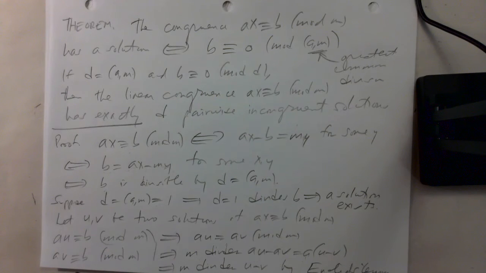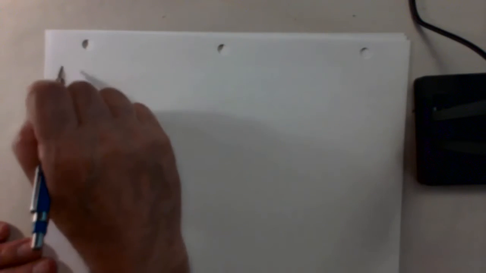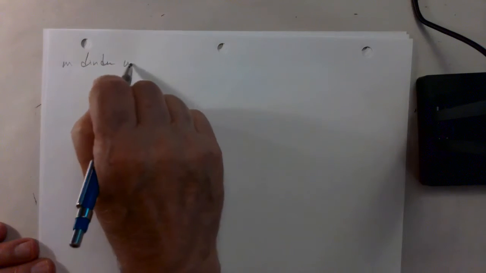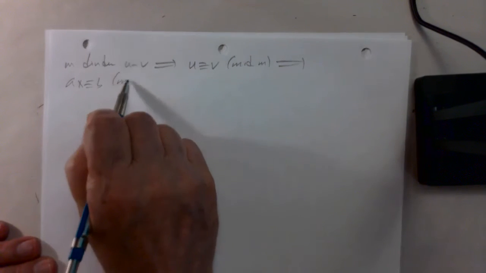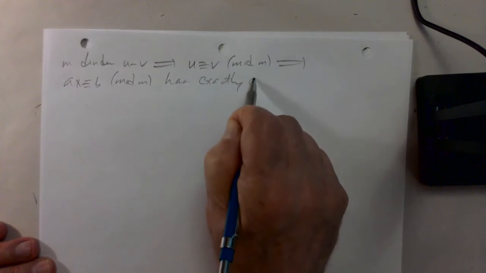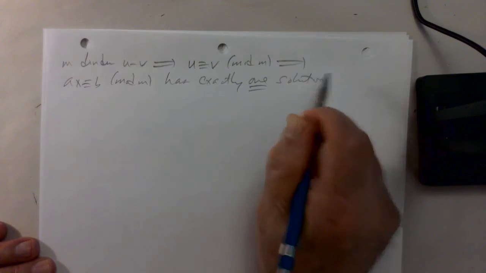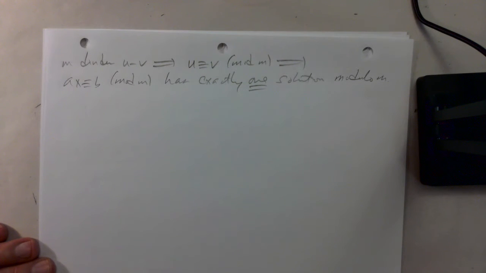So M divides U minus V, which means U is congruent to V mod M, which means AX congruent to B mod M has exactly one solution modulo M. So if the greatest common divisor of A and M is 1, the linear congruence has just one solution.